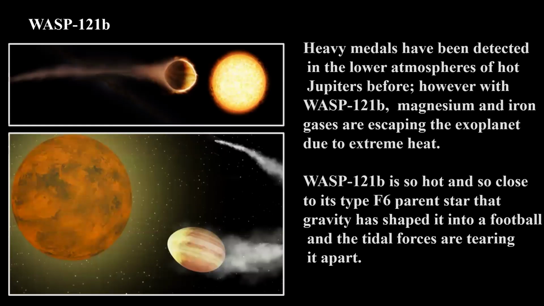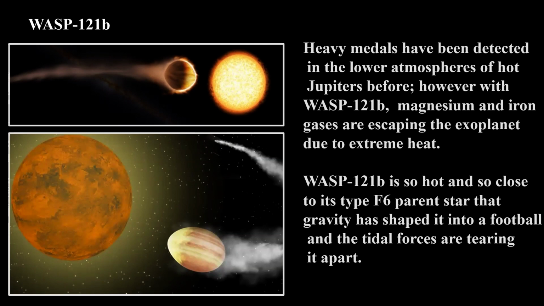Like many other hot Jupiters, WASP 121b has shown evidence of heavy metals. Observations have shown evidence that magnesium and iron gases are escaping WASP 121b due to the extreme heat. Again, as in WASP 17b above, the host star is very similar to the Sun's position on the HR diagram.